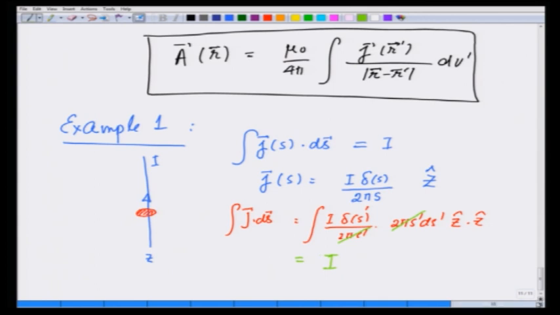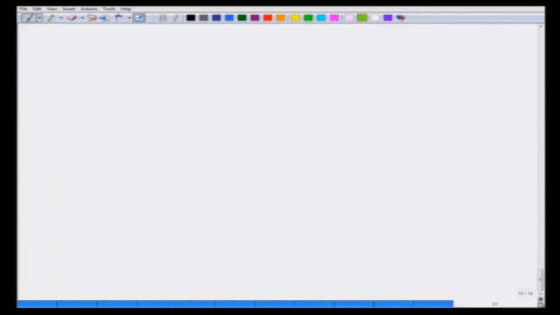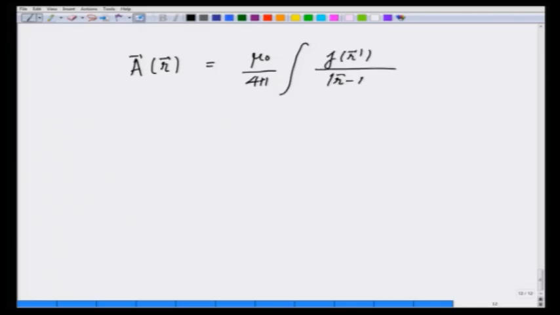Let us then directly use this to calculate the vector potential. The vector potential A(r) is equal to mu naught over 4 pi integral J(r prime) over modulus of r minus r prime dv prime.